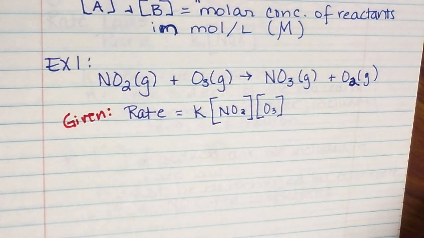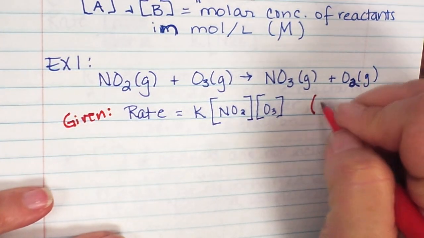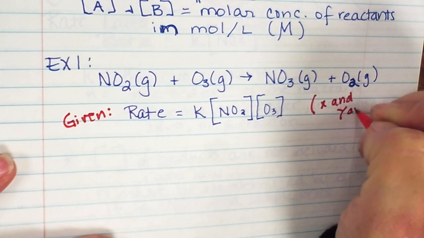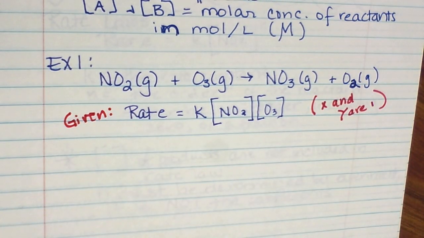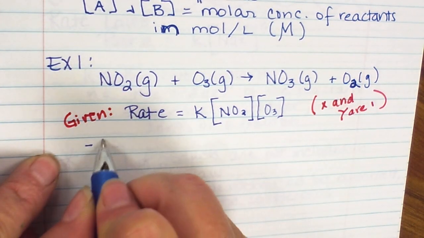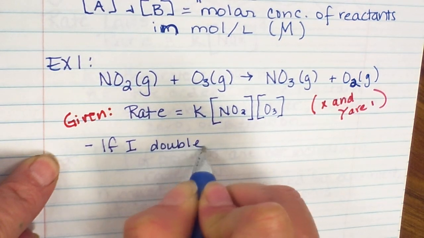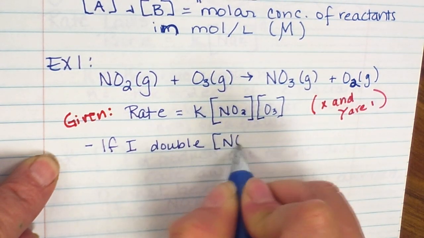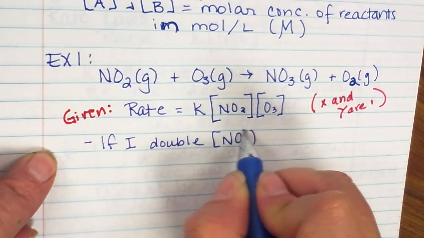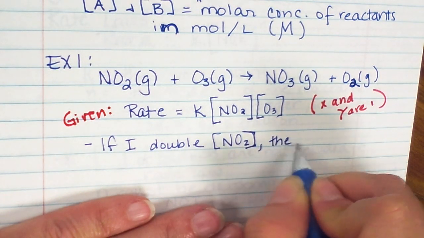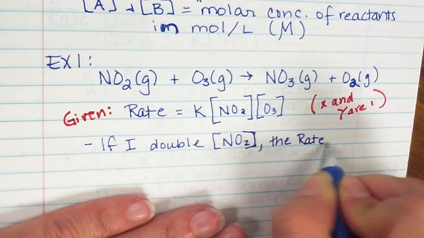Now what does this mean? X and Y are 1, right? Everybody with me? So this means that if I double the concentration of NO2, the rate doubles.